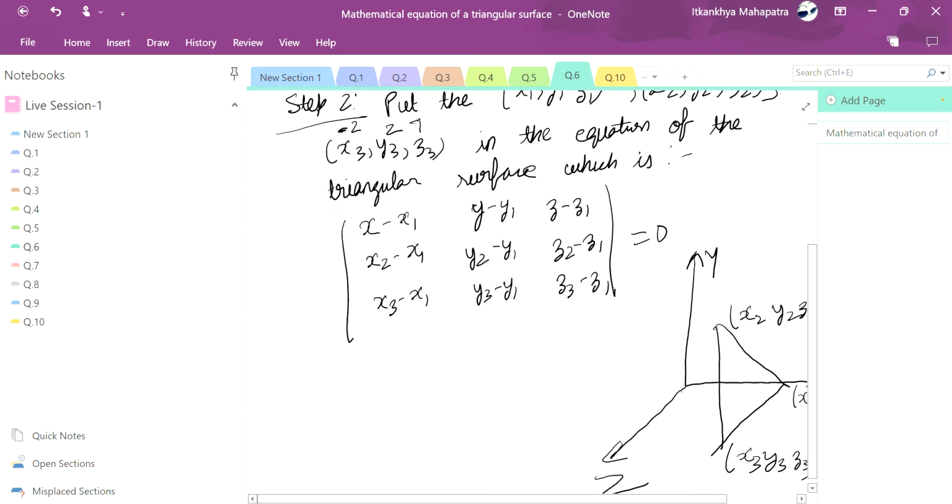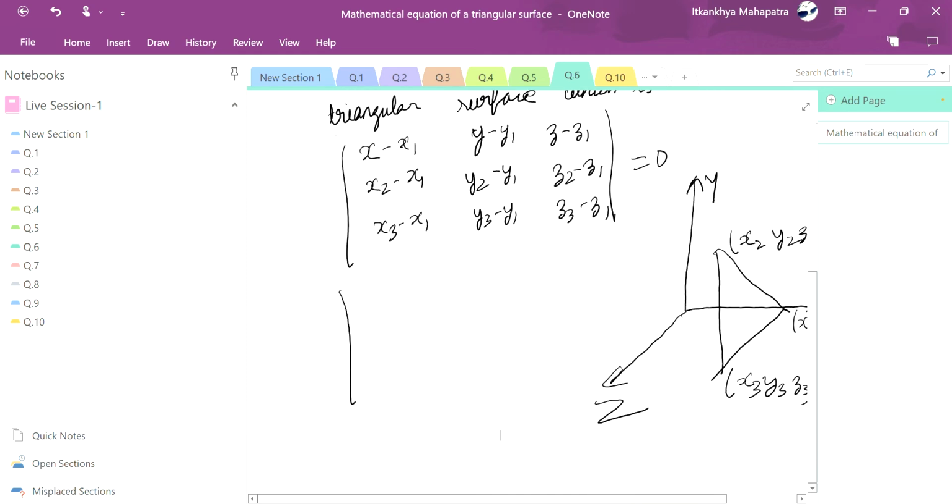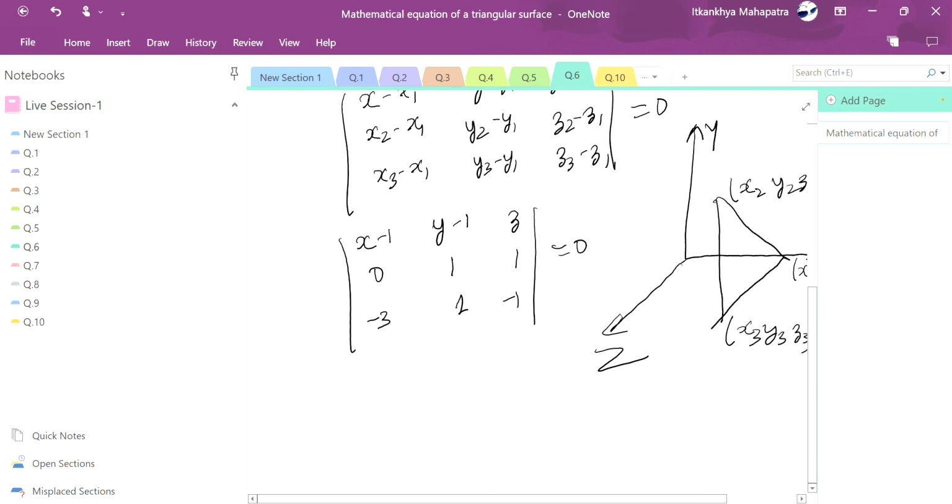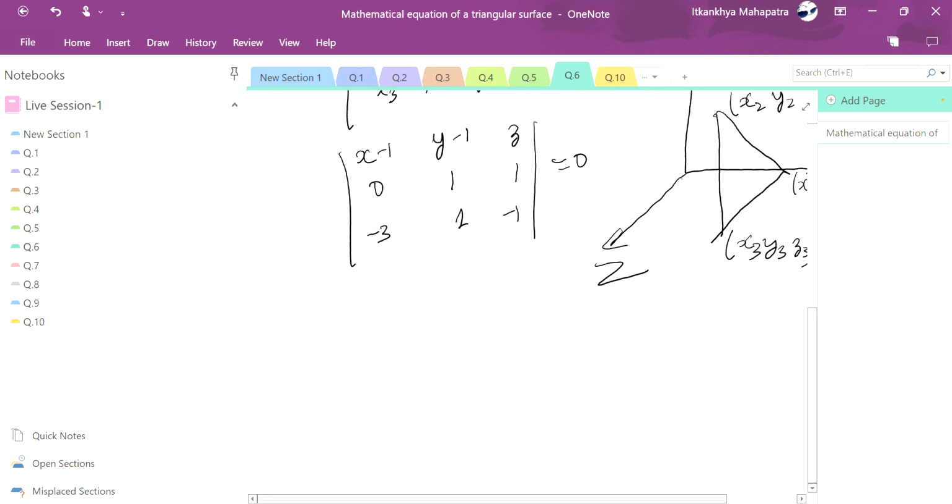So when we substitute in this: x minus 1, y minus 1, z; 0, 1, 1; -3, 1, -1 equal to 0, then after solving this equation we will get 2x plus 3y minus 3z is equal to 5.